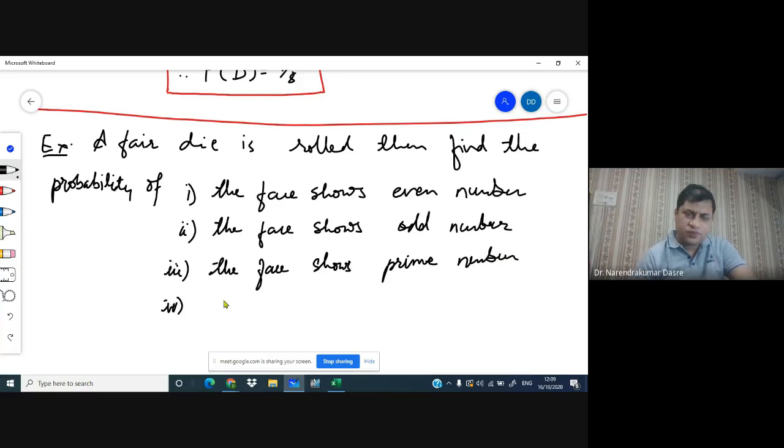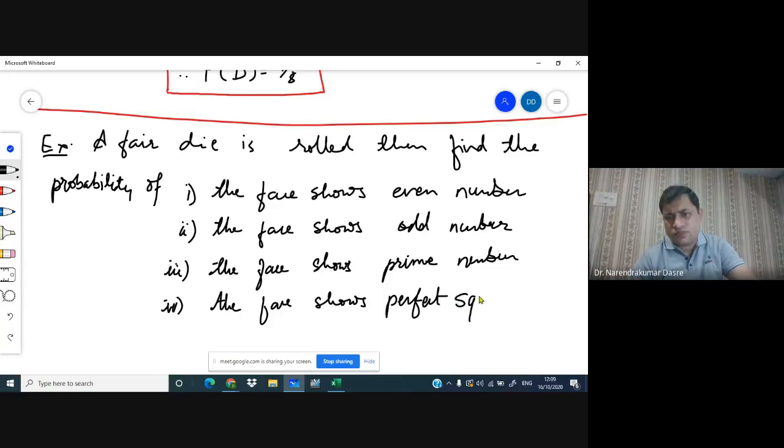Fourth, the face shows a perfect square. Then we can go on adding more.